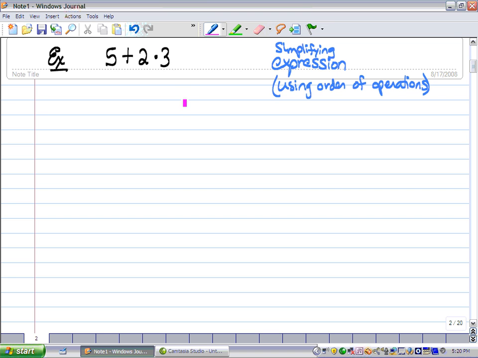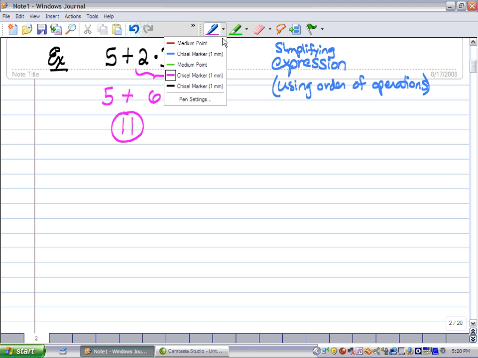Since multiplication is at a higher level, I'm going to do this multiplication first, and I'm just going to copy the 5. 5 plus, what's 2 times 3? 6. So now I have done the first operation, the multiplication. I now can do the second one, which is to add 5 and 6 and get my answer, which is 11.